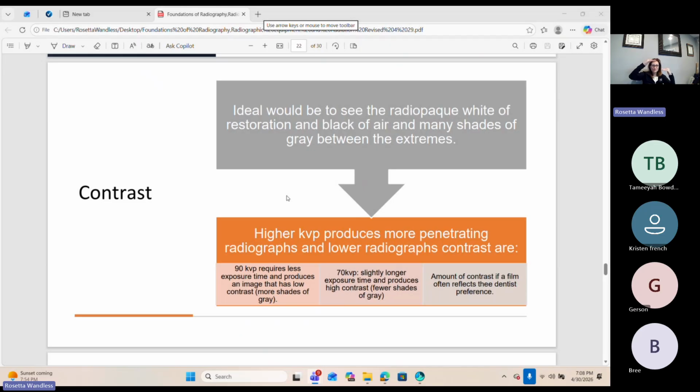This mix, 70 kVp, low kVp, higher exposure time, more electrons, more milliamperage, that's beautiful. That's going to give me that very high contrast, that black and white, and fewer shades of gray.